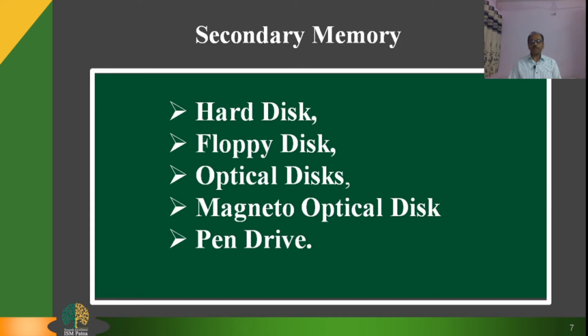When multiple disks are packaged together, a number of read-write heads are used to write or retrieve data. The heads fly on a cushion of air above the surface as they access the disks. Hard disks are of two types: fixed disks, that is Winchester disks, and removable disks, which are disk packs.